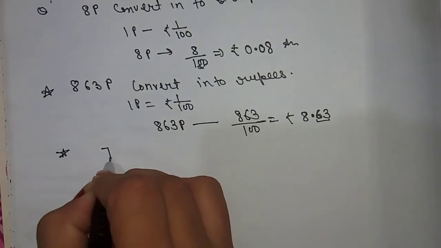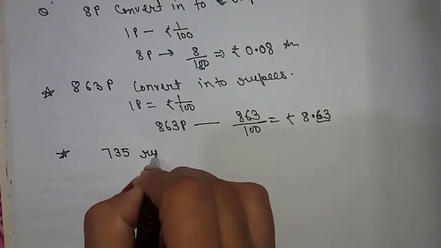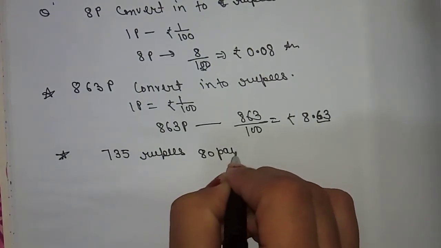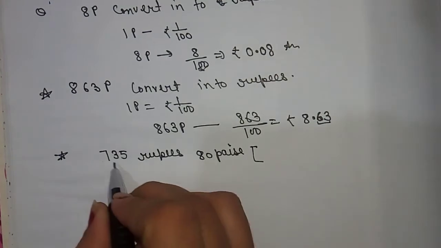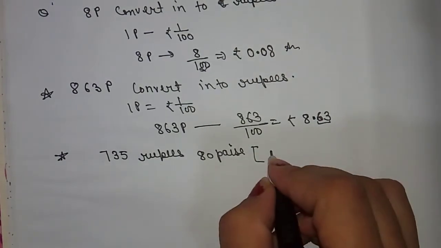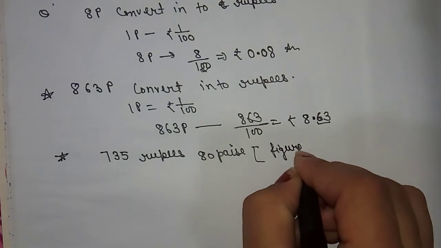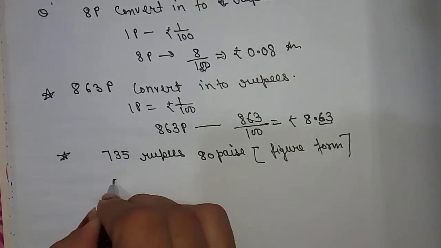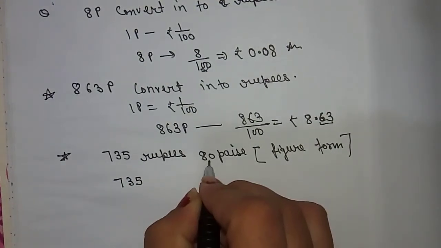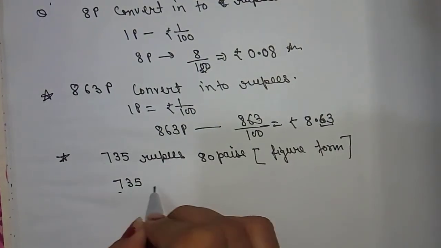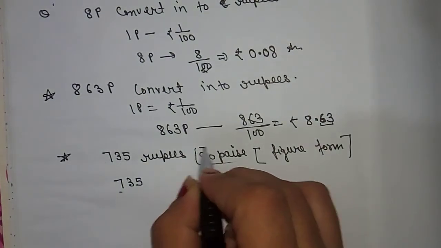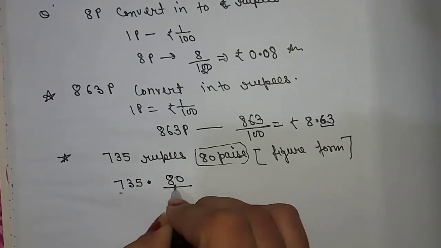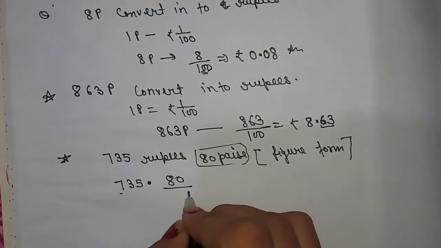Maybe there will be a different type of question, that is, 735 rupees 80 paise, and the question is: write these numbers in figure form. You make a figure of it. We know that this is 735 rupees, but when we write it in one figure, we have to convert the paise into rupees. So 80 paisa, divide by what? Upon 100.